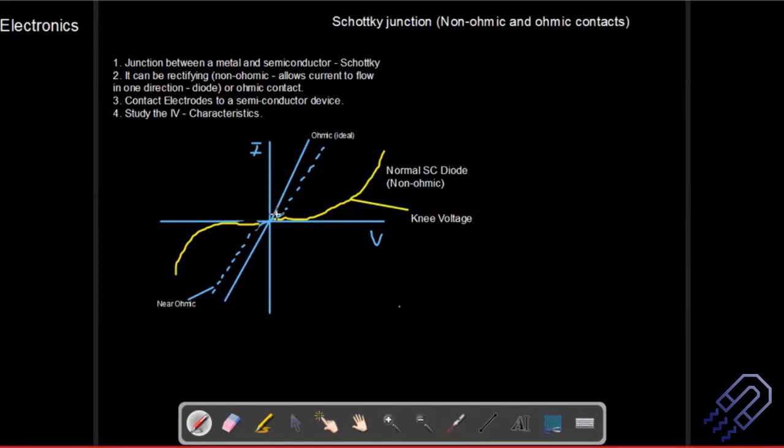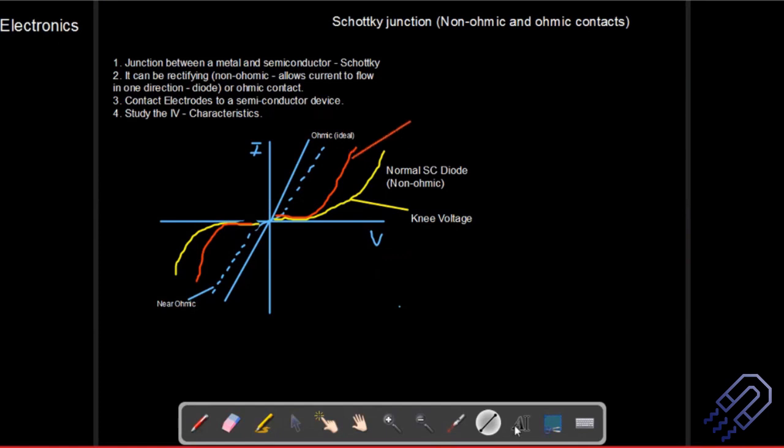Here, what happens is it goes almost the same here, and then it jumps here. And on the other side also we can have it. So what is this? This is basically your Schottky junction.